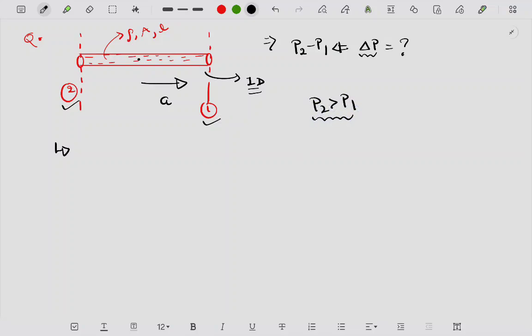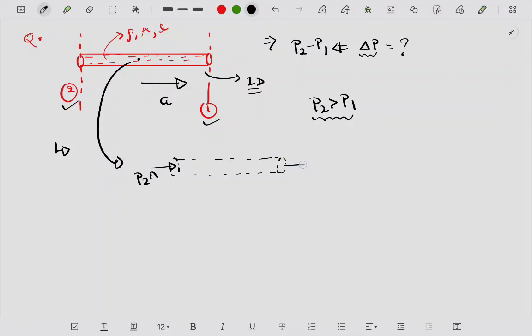Otherwise, one more thing we can say, if you make the FBD of this fluid, you will observe that there is a pressure acting from this side, and this force is nothing else than P2 into area.